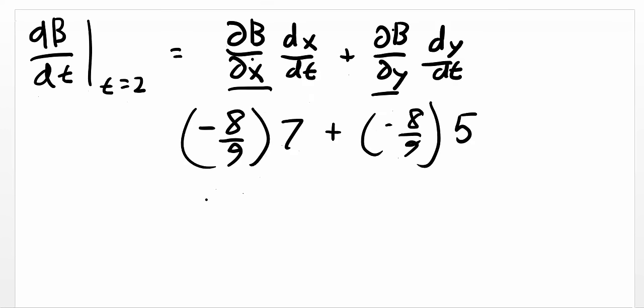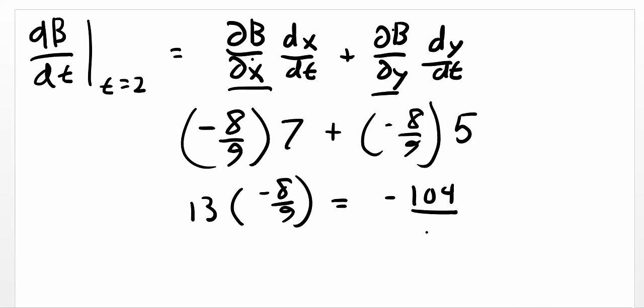Okay, so this is 13 times negative 8 over 9, which turns out to be negative 104 over 9 lumens per second.